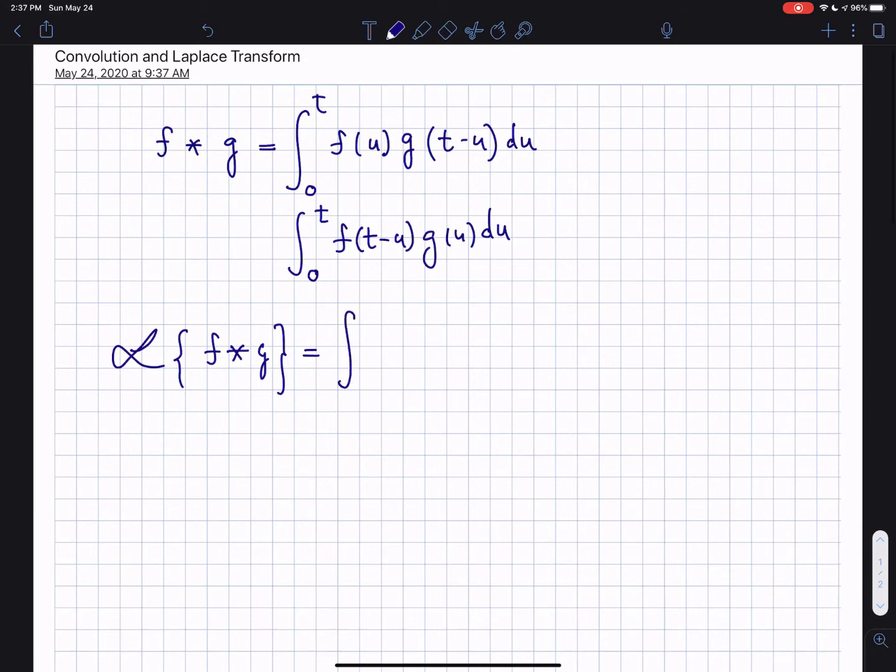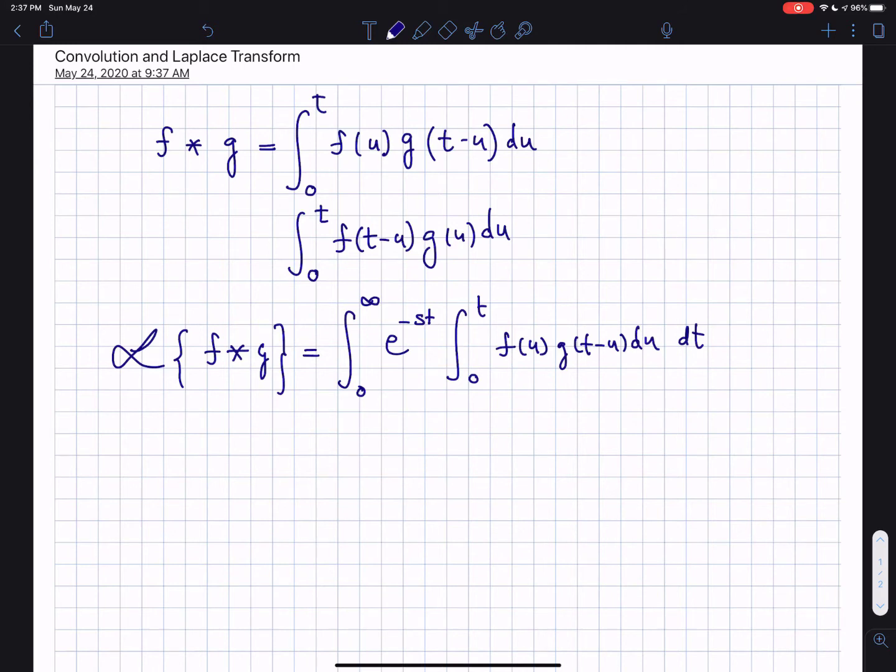There'll be the integral from 0 to infinity of e to the minus st times f of t, but that is f convolved with g, which is itself an integral of f of u g of t minus u du, and then this is dt. So it becomes a double integral every time you want to find the Laplace transform of a convolution, and so far it's still a miserable problem.